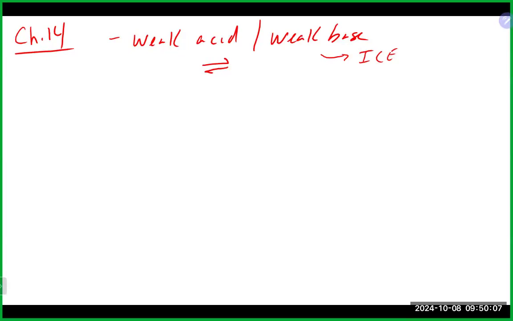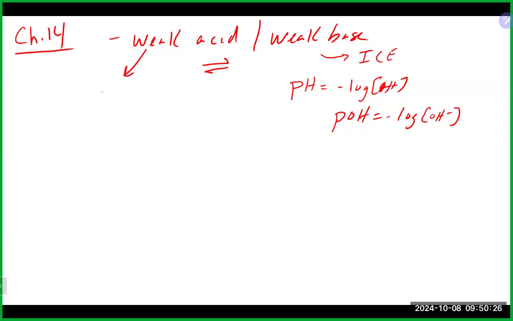And we do these ICE tables like pretty much any other ICE tables. The main difference here is at the end, we do go into our pH equation, or maybe even our pOH equation. When we solve for a weak acid using a Ka value, that will give us the X value, which is equal to the H plus, and that will allow you to go directly into the pH.